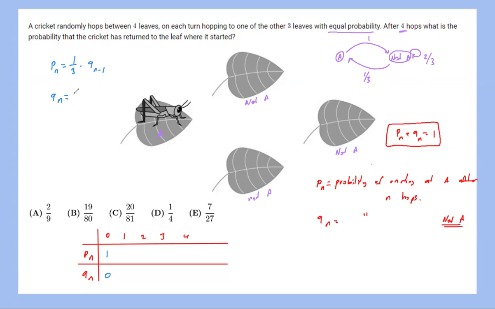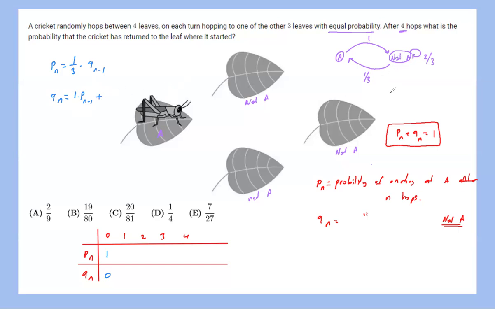So which is why I will say 1 times P of n minus 1, which means if you were at position A, the state A, in the previous second, then you are going to be 100% at Q, which is not A.